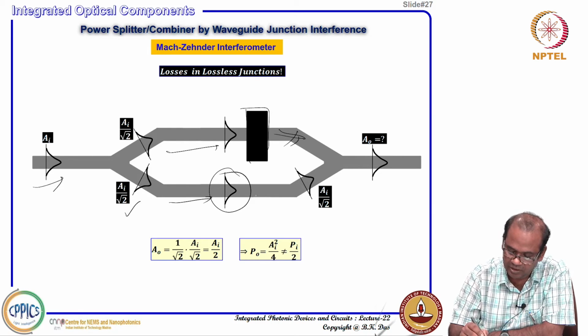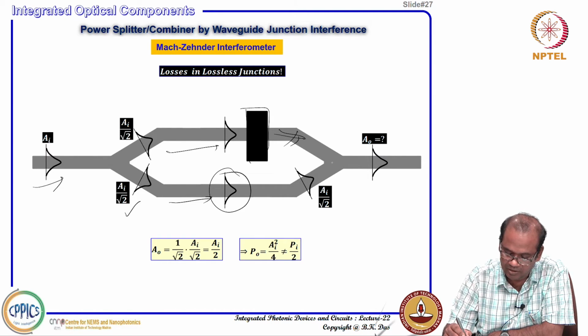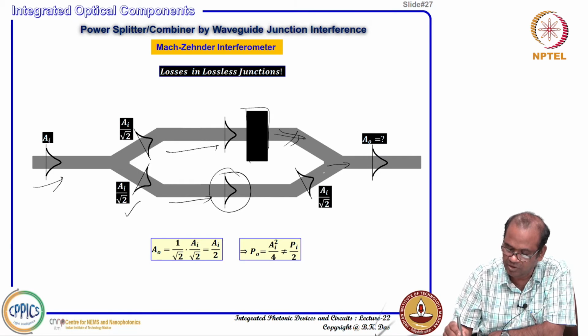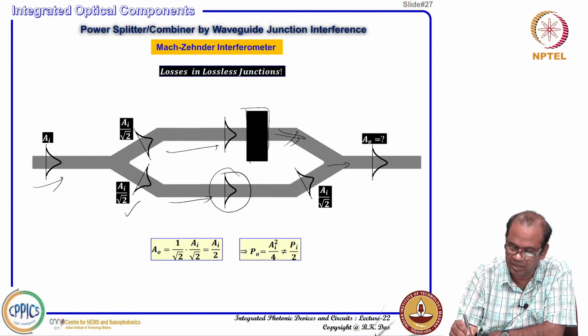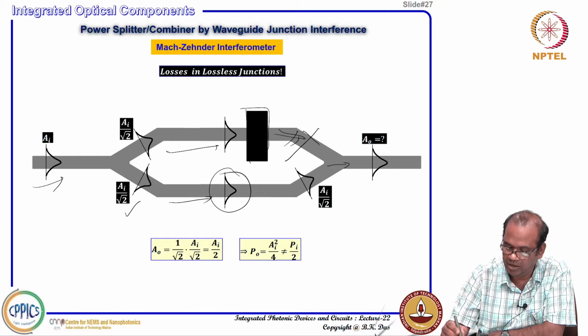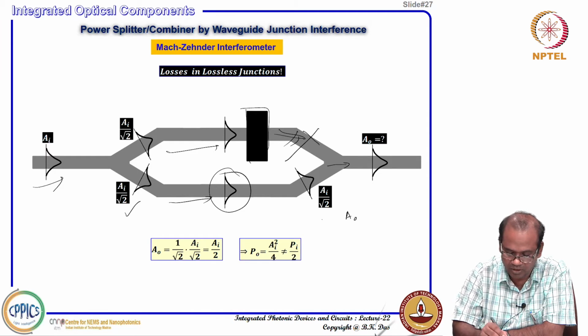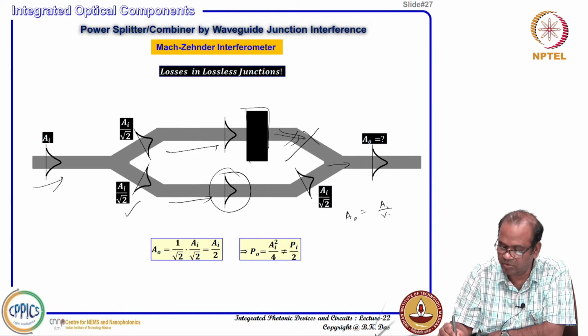Then what is happening? If you launch here and it comes here, then when it reaches here, what would be A0? Because nothing is coming from this side, A0 will be 1 by √2 times AI by √2, because the transfer function is again 1 by √2, that is, 1 by √2, 1 by √2, AI by 2.